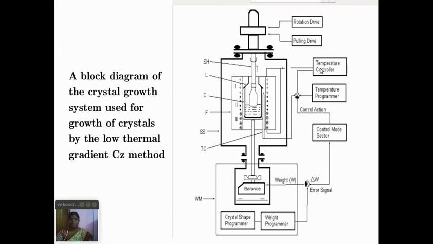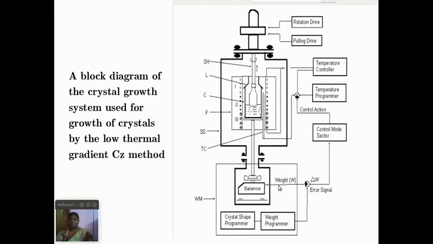The temperature control unit and the temperature programmer are connected with a thermocouple. This is used to monitor the temperature of the furnace by moving it in the radial direction. The whole chamber is placed over an electronic weighing machine. This is linked with a crystal shape programmer and the crystal weight programmer.